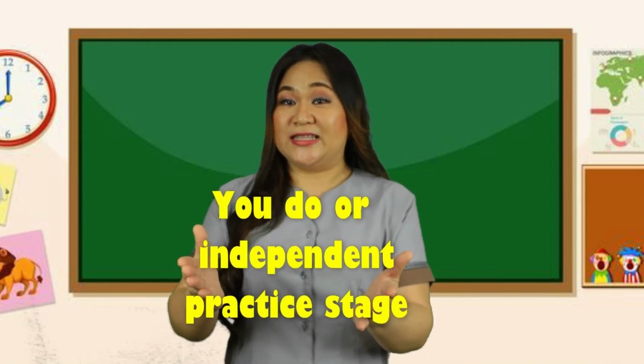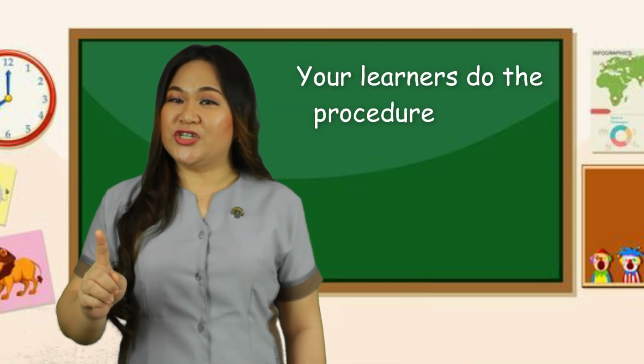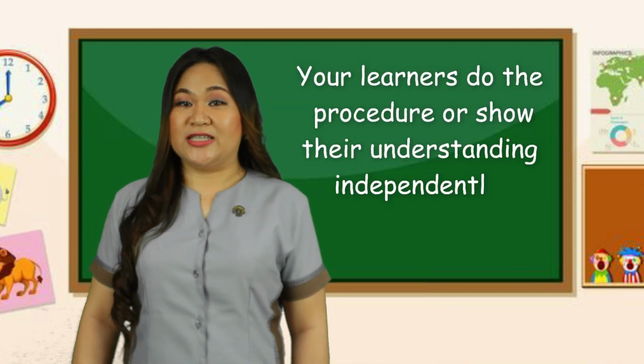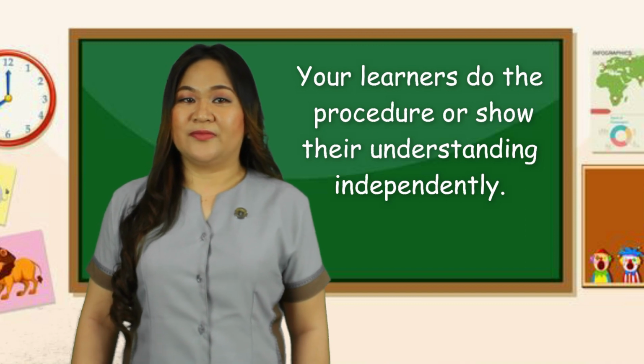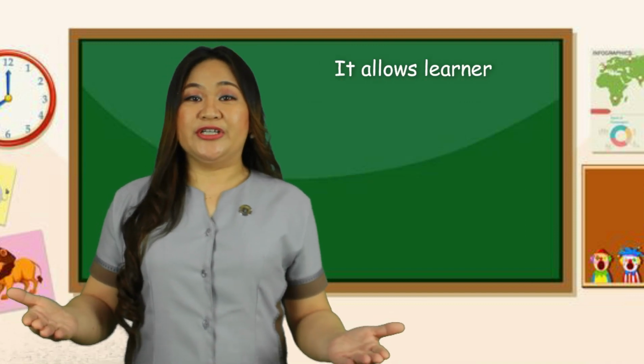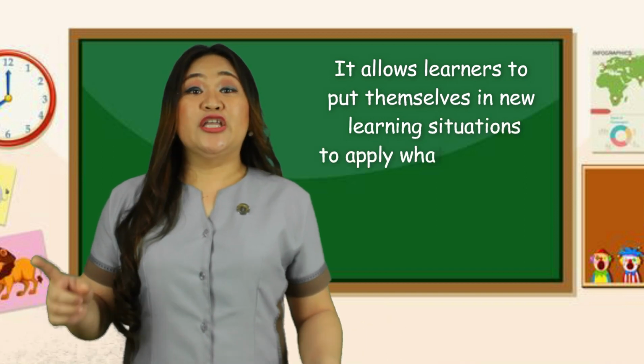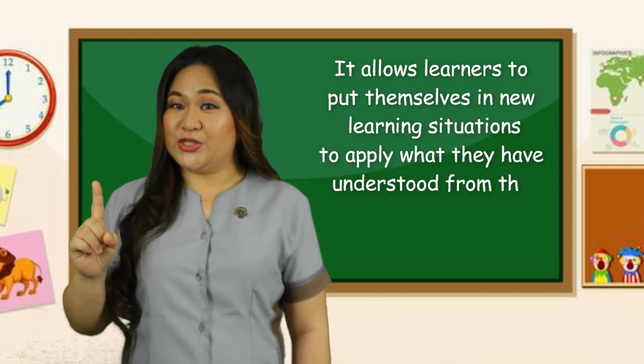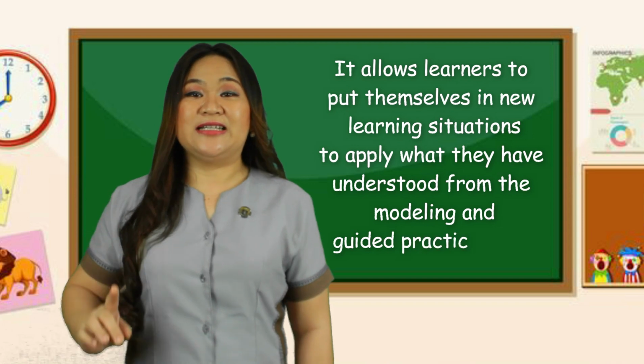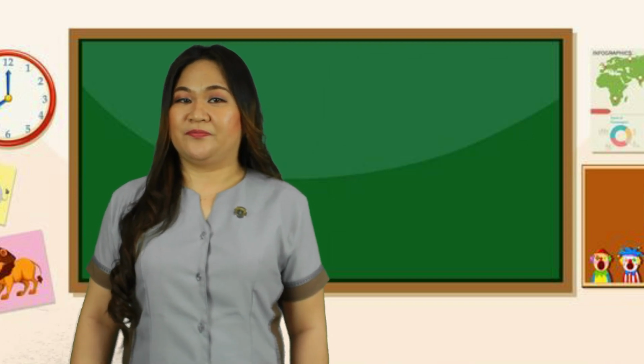Finally, in the you do part or independent practice stage, your learners do the procedure or show their understanding independently. It allows learners to put themselves in new learning situations, to apply what they have understood from the modeling and guided practice steps.